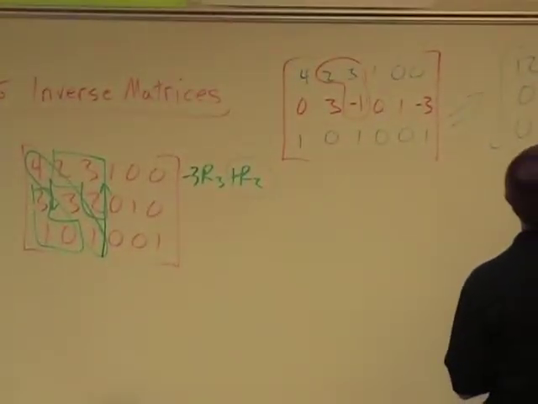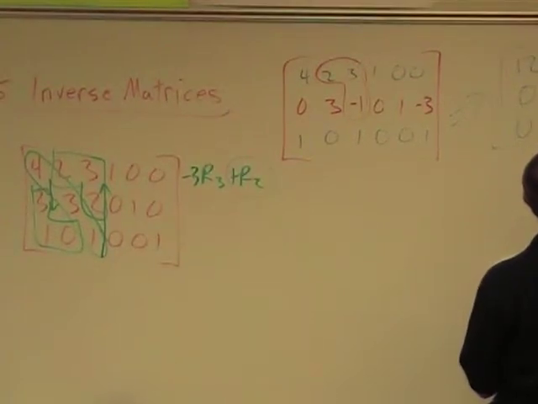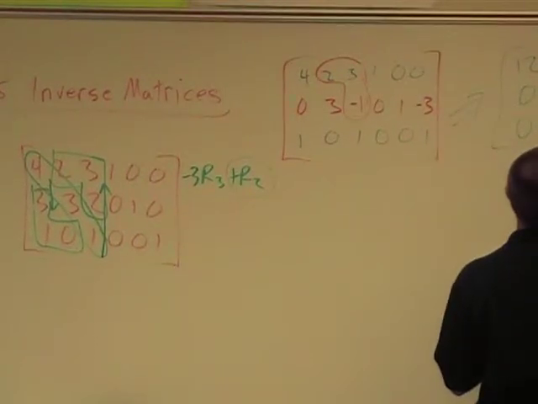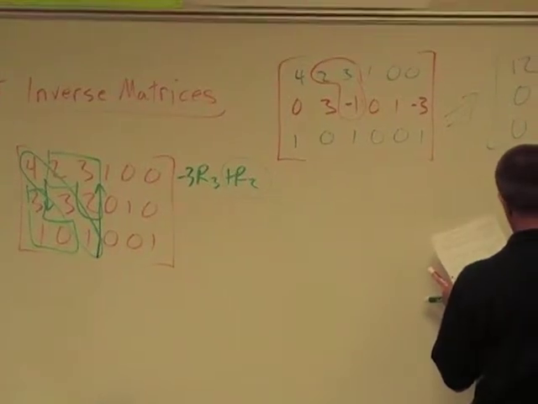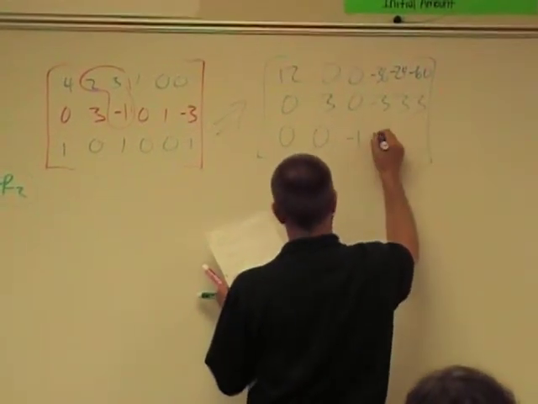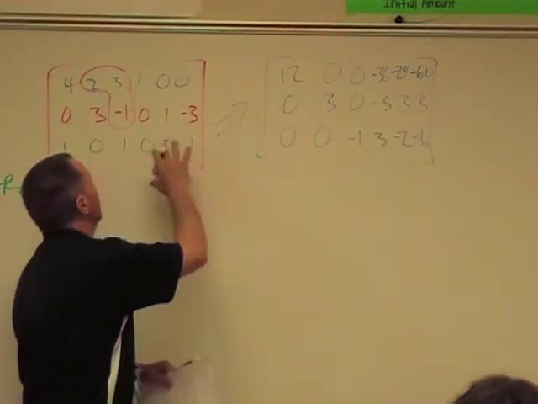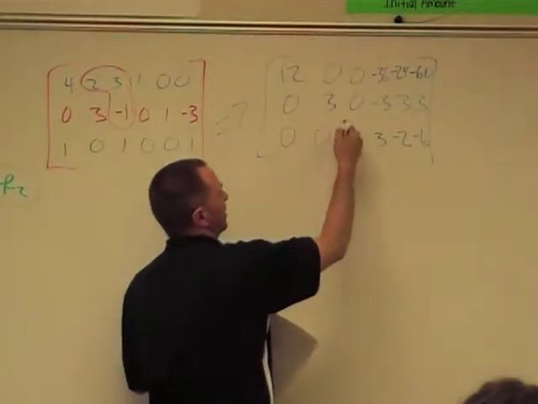This is negative 60, negative 24, negative 36, negative 3, 3, negative 2, negative 6. So this is what I ended up with after I did all of these operations. I got zeros at the bottom here, zeros at the top.